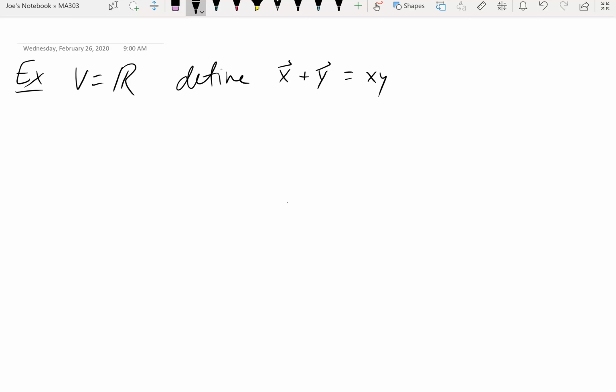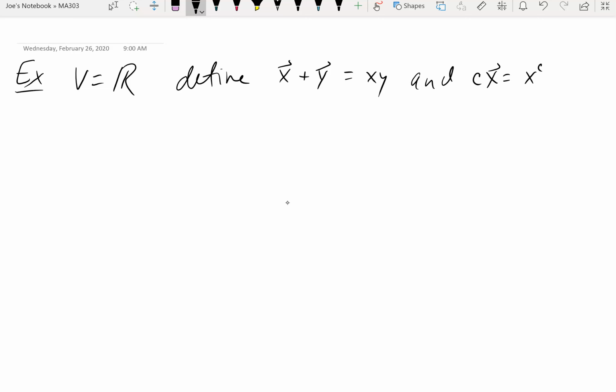I dropped the arrows on the right and just wrote the multiplication because the vectors here are numbers, and when I take x and y and add them, I'm really multiplying. Okay? And c times x is really x to the c power. So we're defining scalar multiplication as exponentiation here.